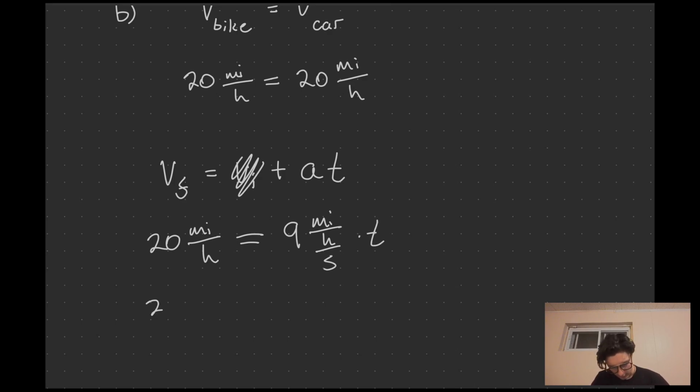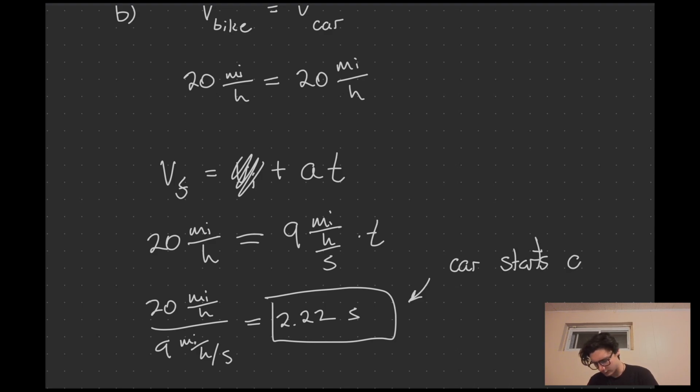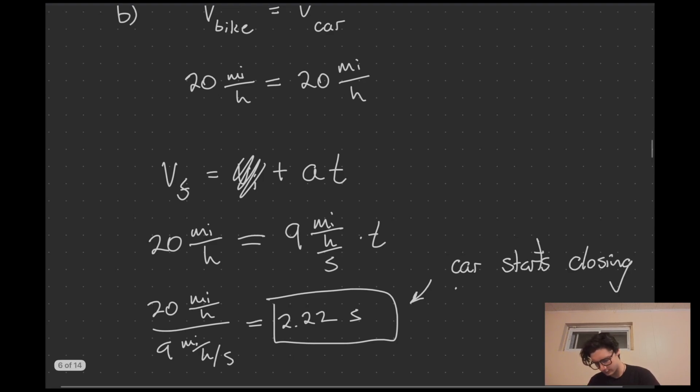If we divide 20 miles per hour by 9 miles per hour per second, all the units cancel and what we're left with is seconds. So pulling up the calculator, we have 20 divided by 9. This gives us 2.22 seconds. So at this moment in time, the car starts closing the gap.